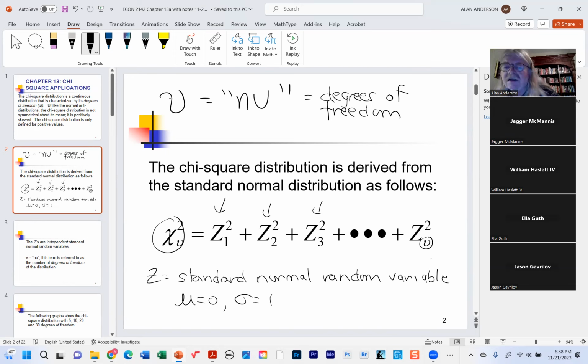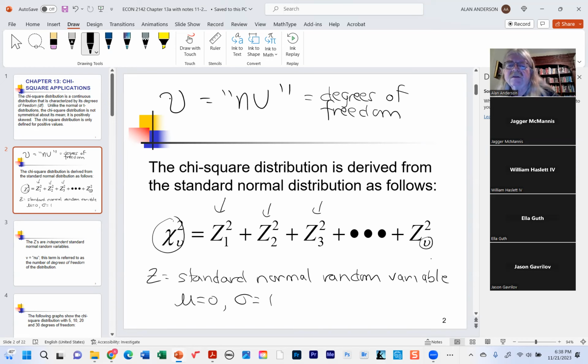And this is why the chi-square distribution cannot be defined for negative values: we're adding up squared numbers, which are each individually guaranteed to be either 0 or positive. And one last detail, the number of terms that we add up defines the degrees of freedom. In other words, if nu is 10, that means we're adding up 10 of these standard normal random variables, so we have 10 degrees of freedom.